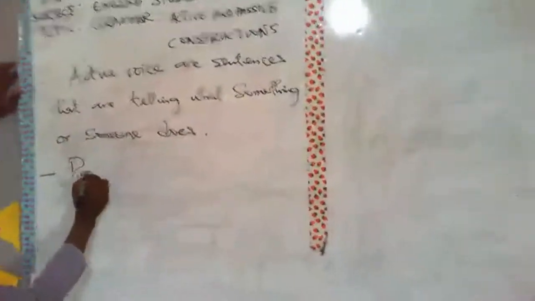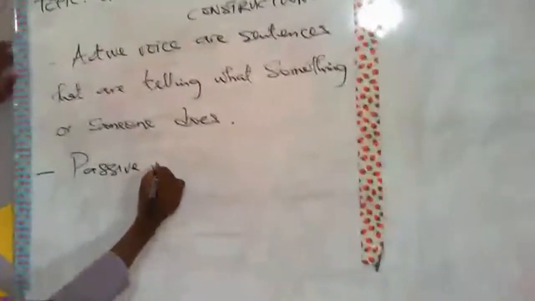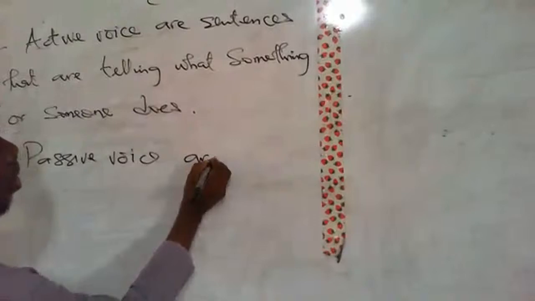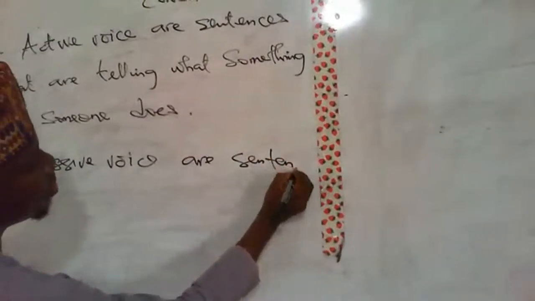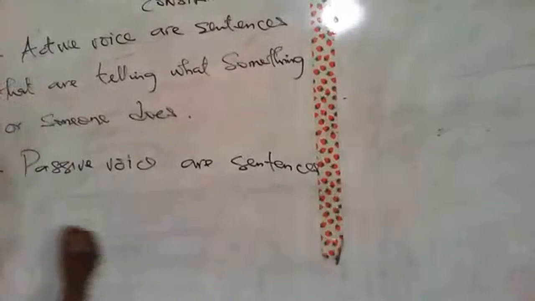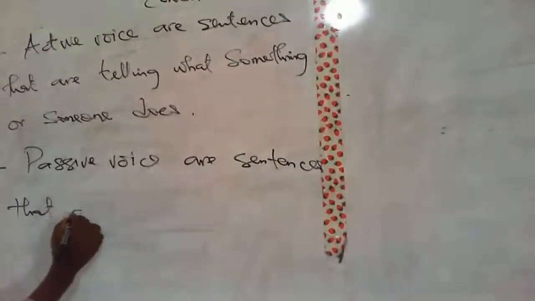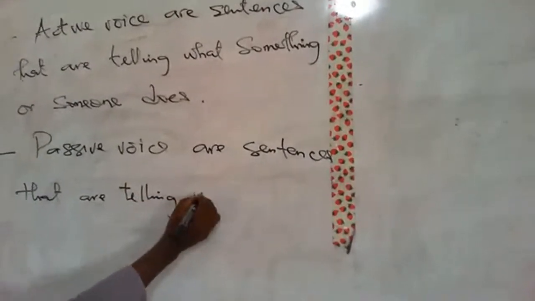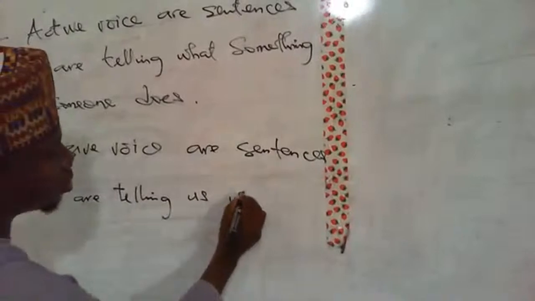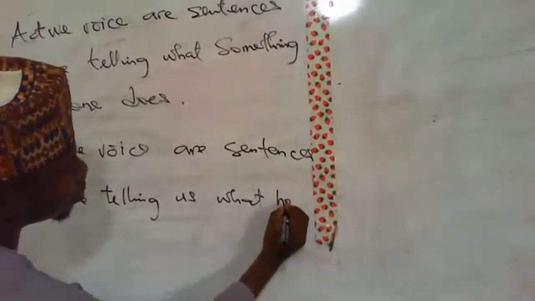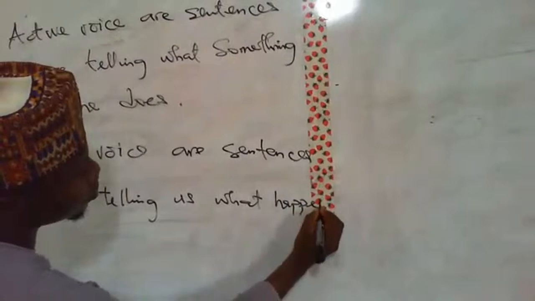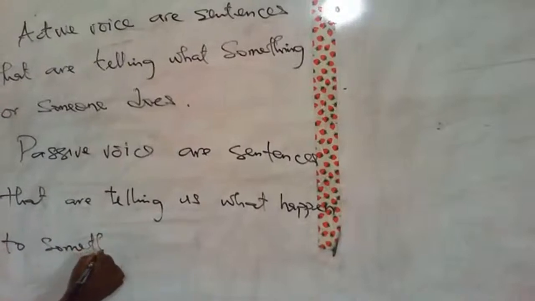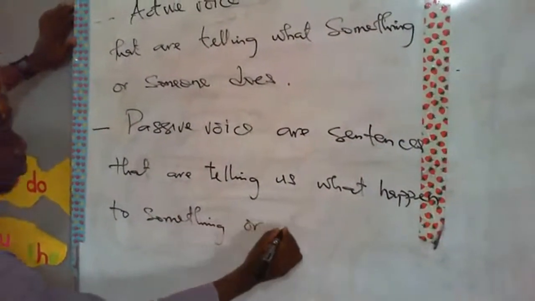Now, passive voice or passive sentences are sentences telling us what happened to something or someone.